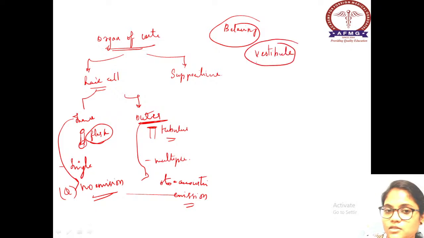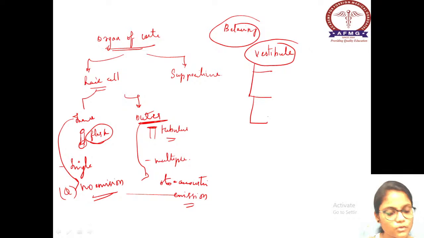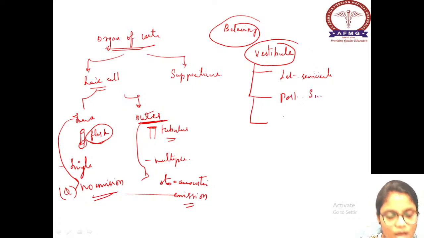What are all the structures you should know in the vestibule? What are the canals present in the vestibule? That is your lateral semicircular canal, your posterior semicircular canal, and your superior semicircular canal.